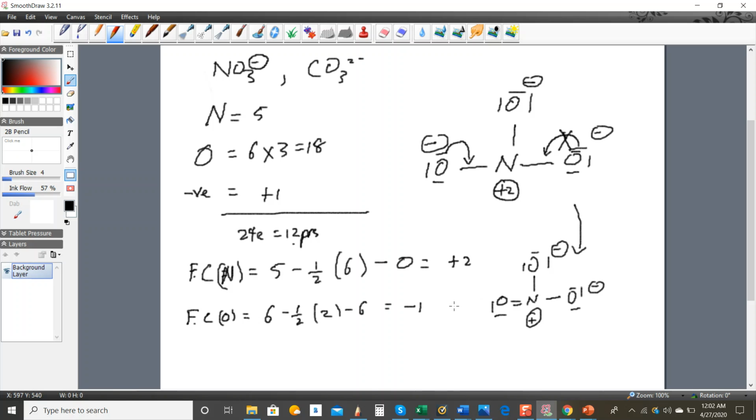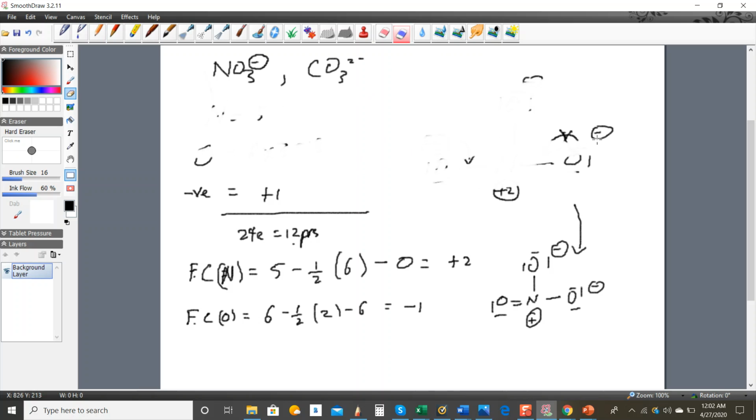All right, so the next example is the carbonate ion. Let me erase all this here. So in the case of the carbonate ion, carbon will have contributed 4 electrons on the valence shell.